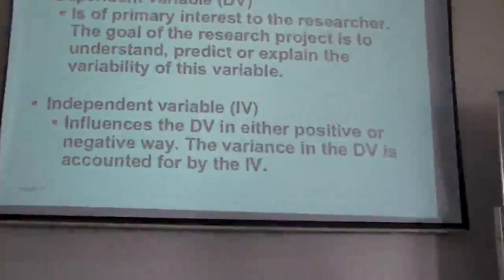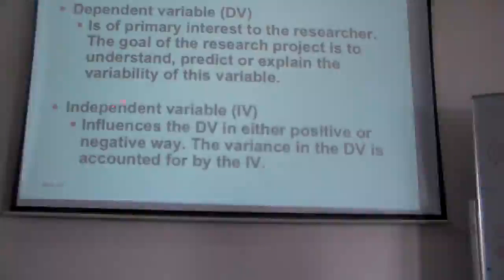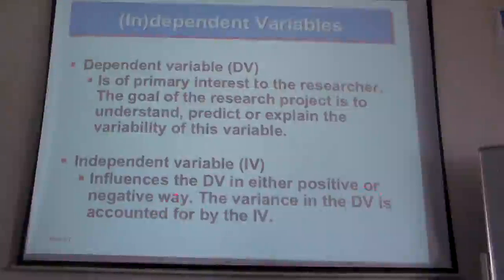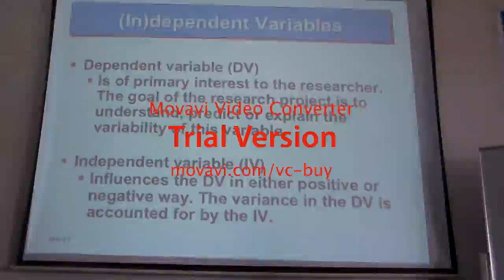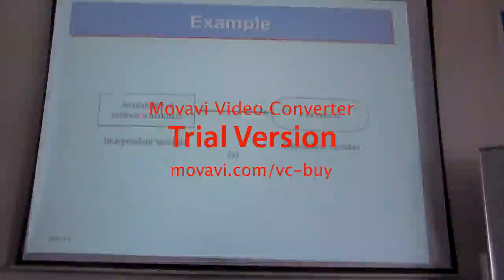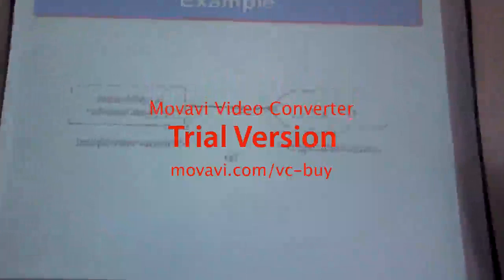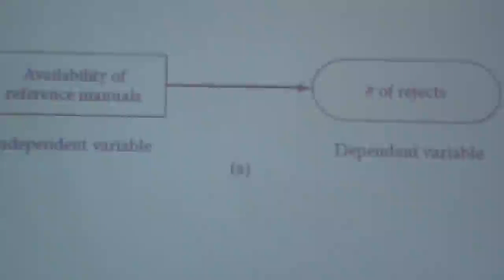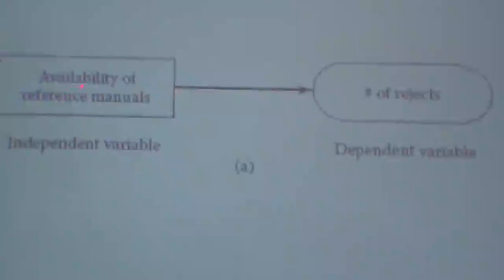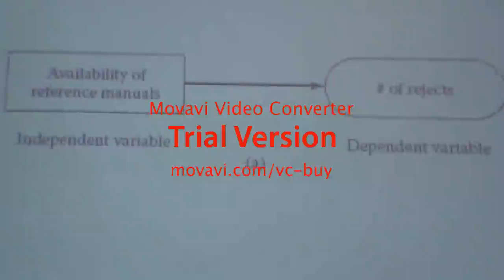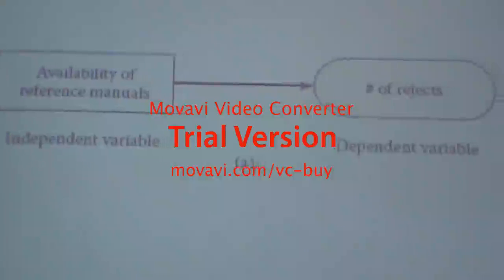If we go back to the definition, the independent variable influences the dependent variable in either a positive or negative way. In the positive way, we say if the employee looks at the reference manual, then the number of rejects is few. But if the employee does not refer to the manual, then the number of rejects will be high. You understand?